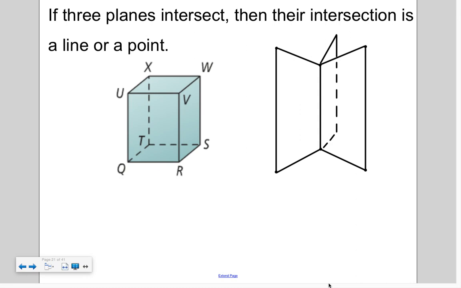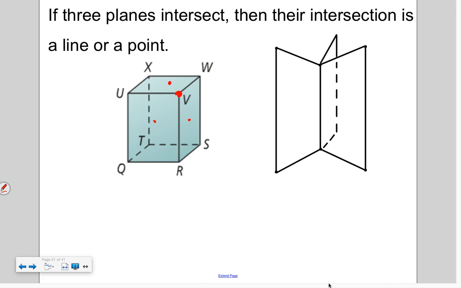This one's a little bit harder to see, but if 3 planes intersect, then their intersection is a line or a point. I think it's easier to see the point because we've got, let's say, the front, the right, and the top of this box. Well, where do they all meet? At point V, right? That's the intersection point, just that point V. Even if we were to extend all the planes to overlap one another, the only point they're going to share is that one point.